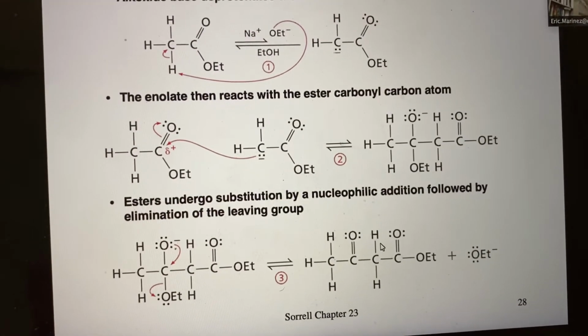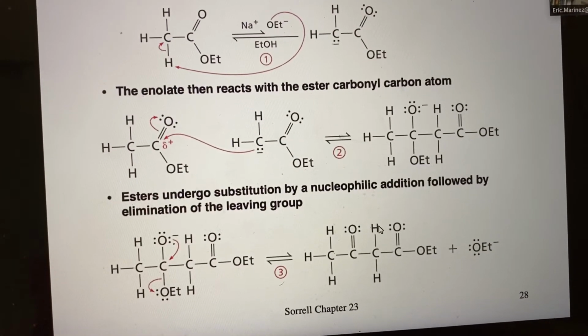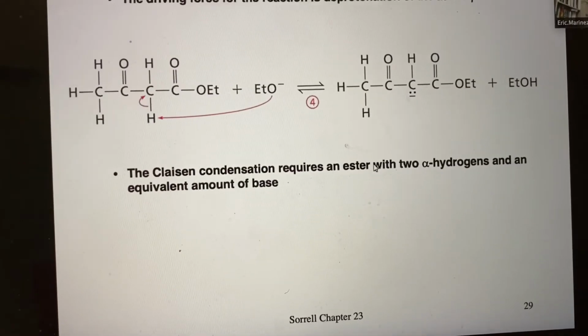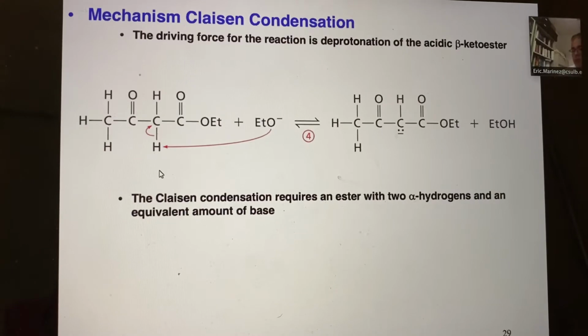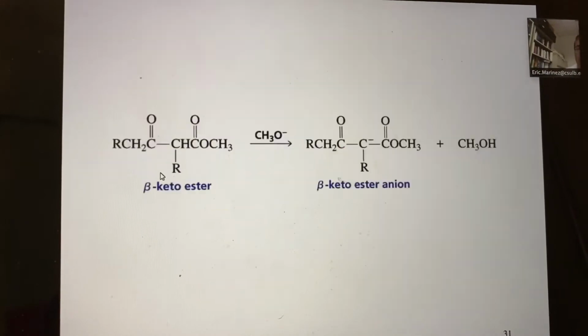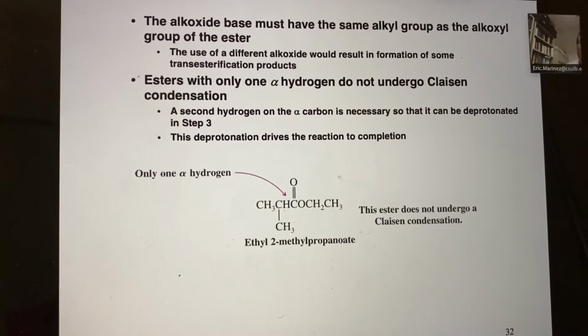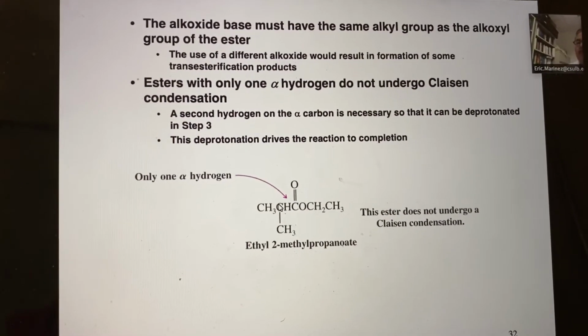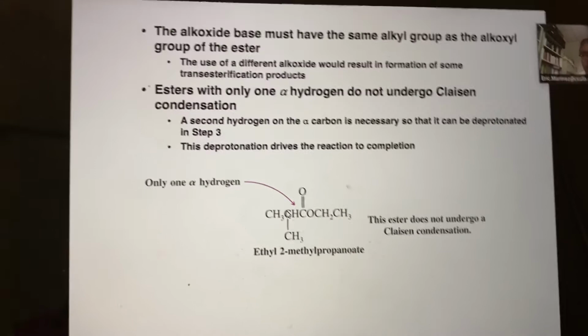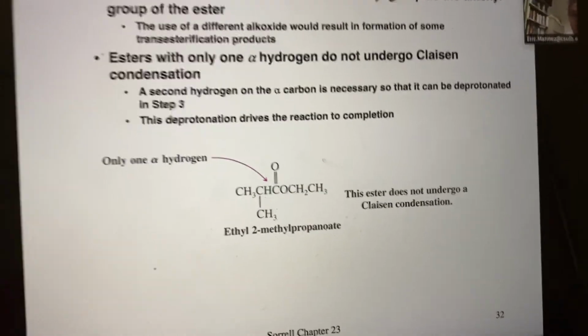Once this is regenerated, both of these are R groups here. If they're both R groups, then I have no proton to abstract here. So again, the requirement for this reaction is that your starting ester must have 2 or 3 alpha hydrogens. If it only has 1 or 0, you get nothing.